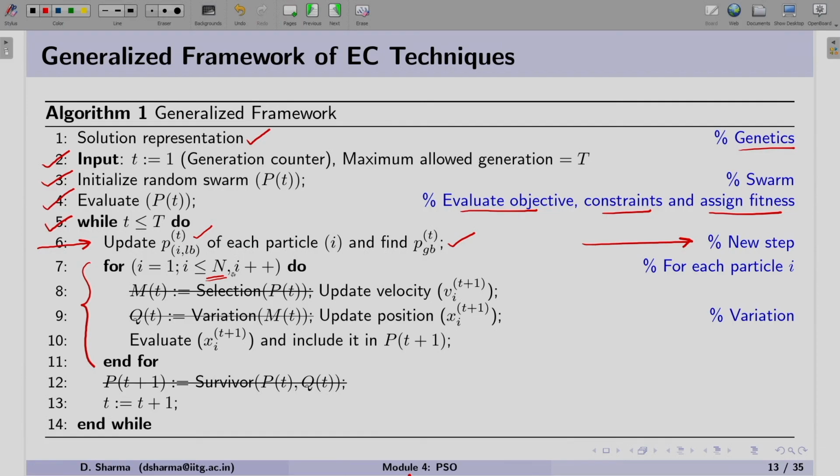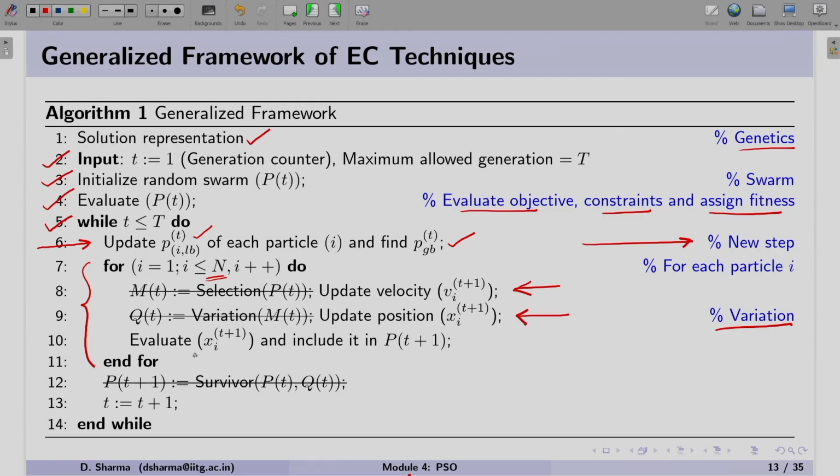Inside it, first of all, we find the updated velocity in step number 8. Once we calculate the velocity, we update the position. Position update means we are changing the column vector of decision variables. So we can say that this is the variation in the current swarm by updating the position.